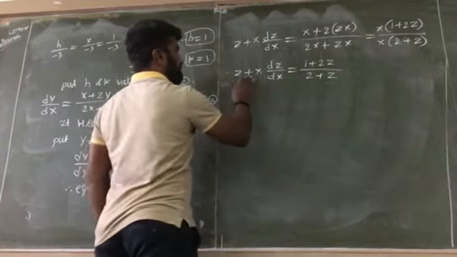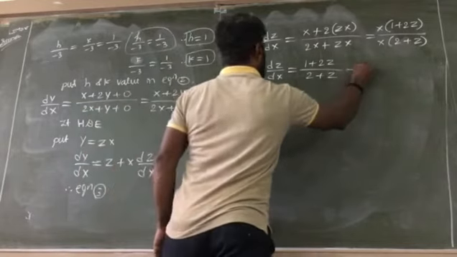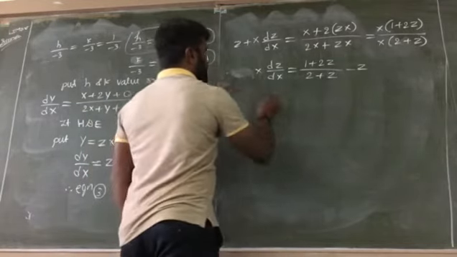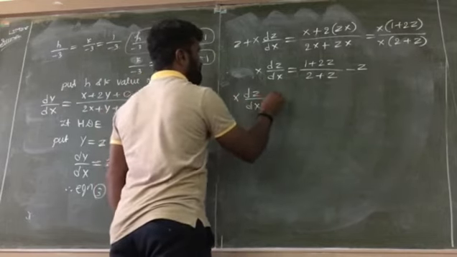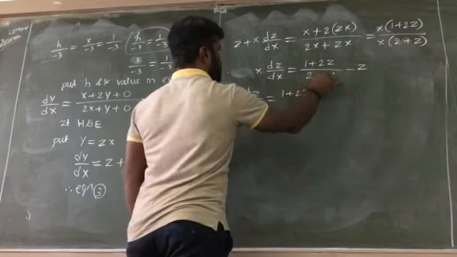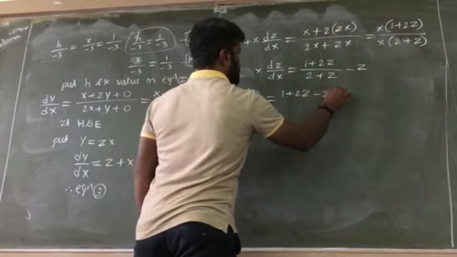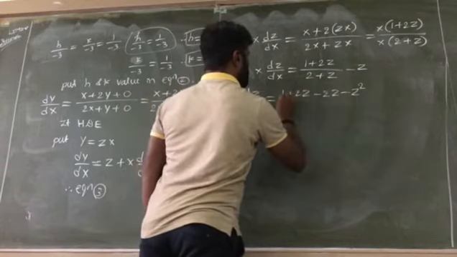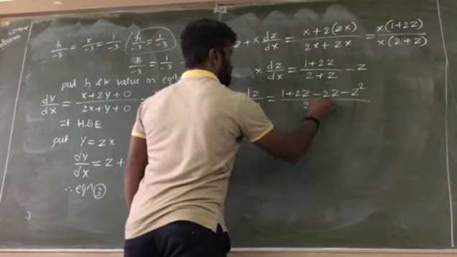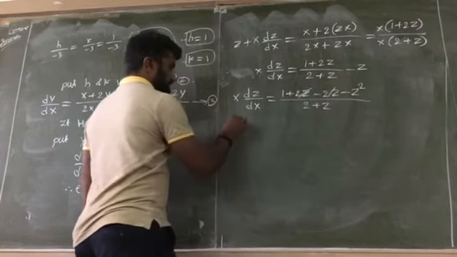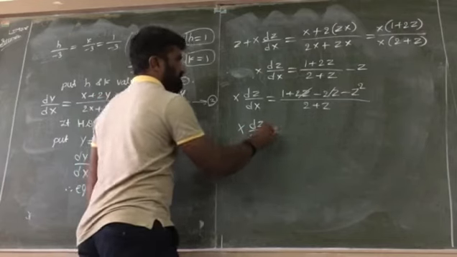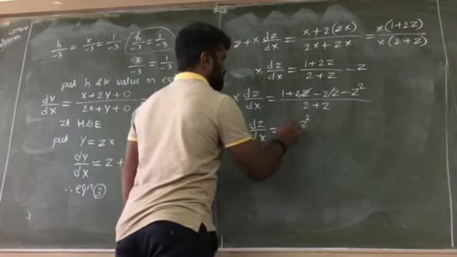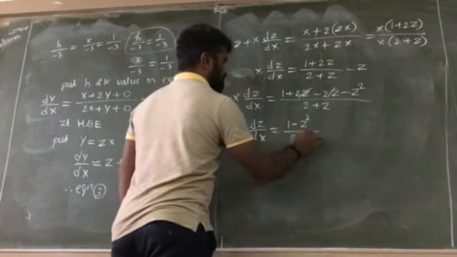So x gets cancelled. Then z is taken across: taking LCM, x into dz by dx equals 1 plus 2z minus 2z minus z into z, that is z square, divided by 2 plus z. It gets cancelled, so x into dz by dx equals 1 minus z square divided by 2 plus z.